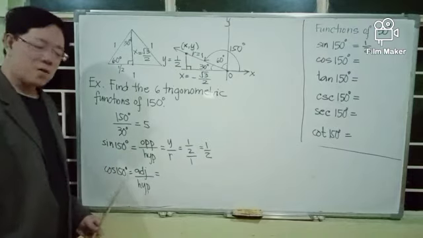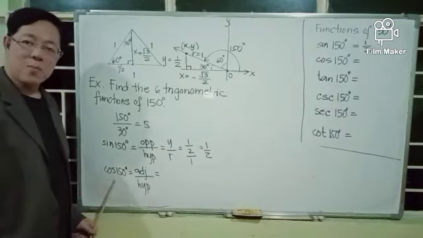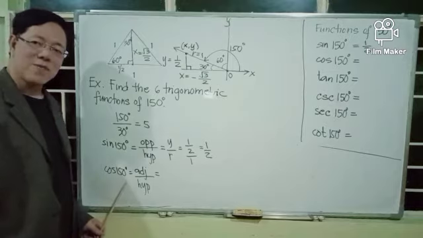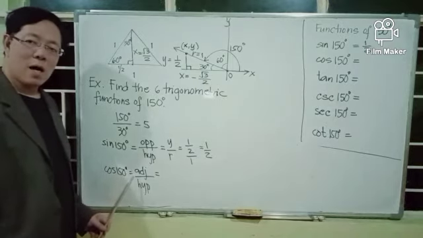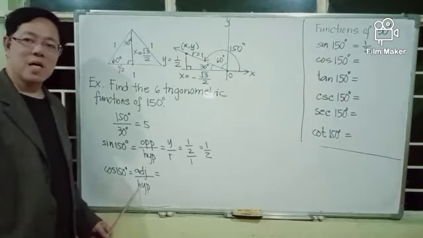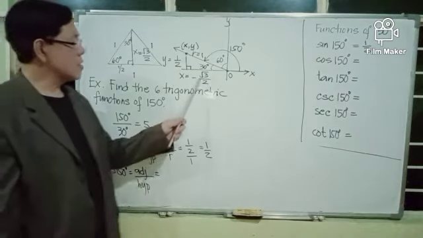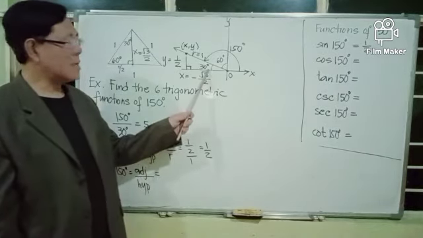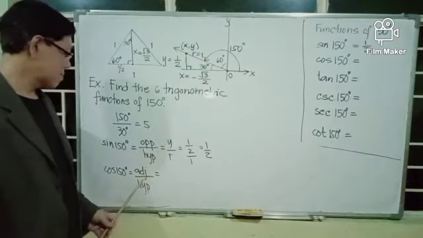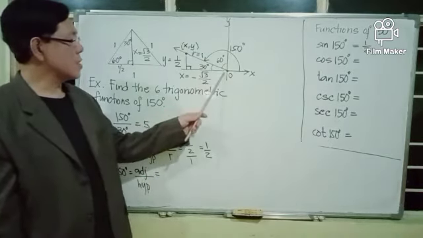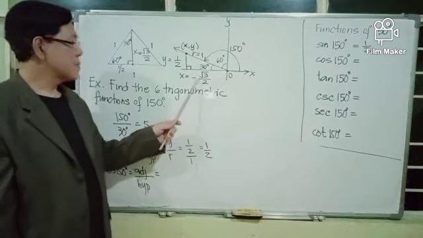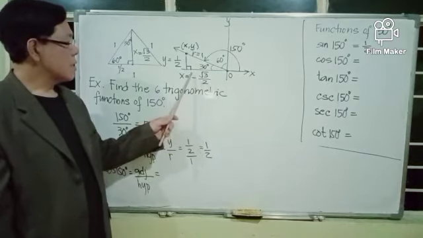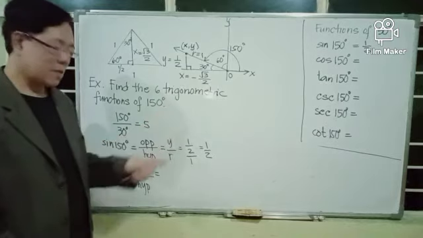The value of the cosine function is defined as the ratio of the side adjacent to the angle divided by the hypotenuse. Using this diagram, the side adjacent to 30 degrees is this side of the right triangle, which is equal to x.